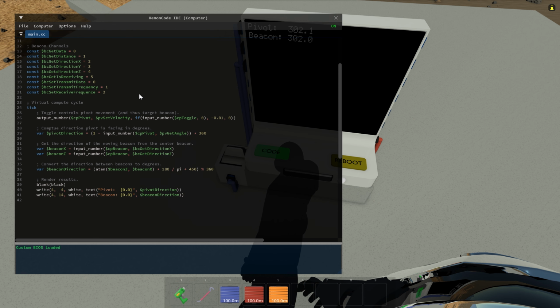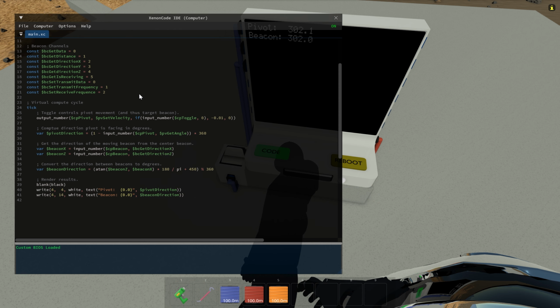In lines 32 and 33, we grab the x and z coordinates. Now we're grabbing this from the beacon that's in the center, and the xy represents the moving beacon. I previously have set the moving beacon to be transmitting, and the stationary one is receiving.